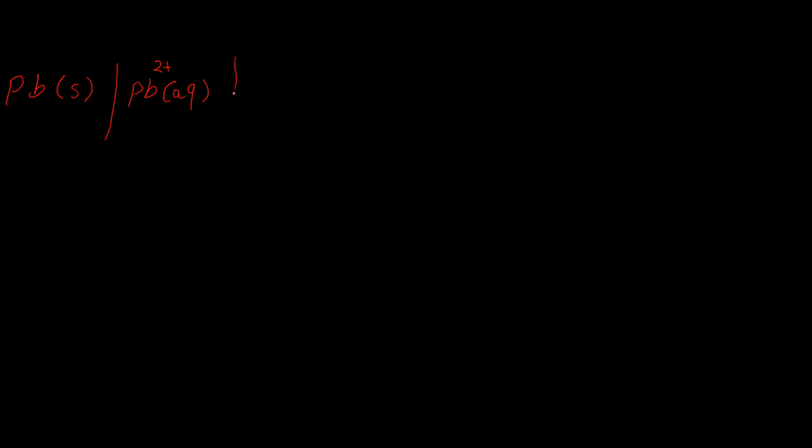And then I put two parallel lines, as that is the salt bridge. And we know in the cathode, Ag+(aq) is gaining electrons to become Ag(s). So we can simply show our galvanic cell this way. Always we write our anode on the left side and cathode on the right side: Pb losing electrons becomes Pb2+, salt bridge, Ag+ gaining electrons to become Ag.